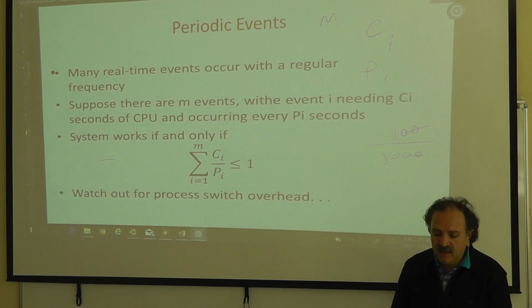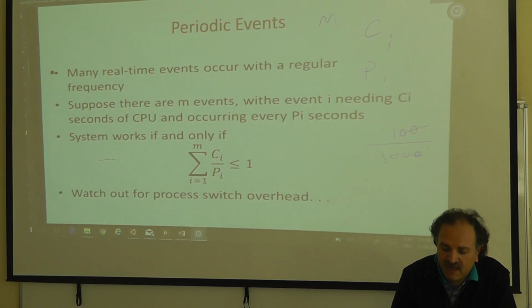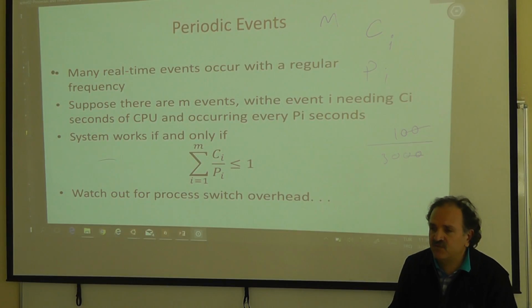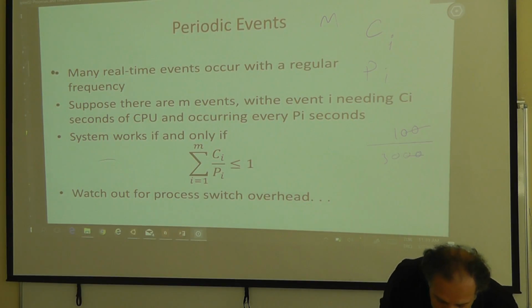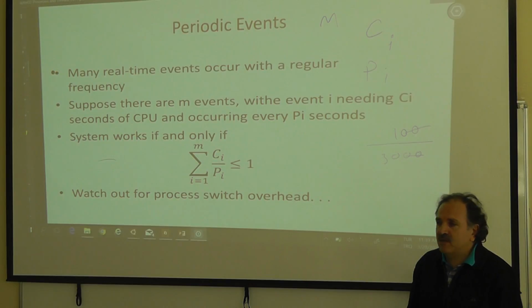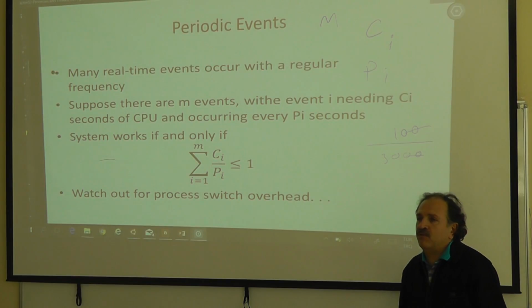But if I have 100 processes like these, and each one is trying to use 1/30th of the CPU time, I cannot keep this load in this real-time system. I cannot meet the deadlines of all these processes because I don't have enough CPU time for all of those.